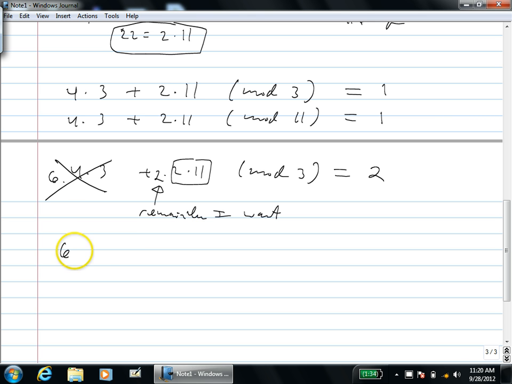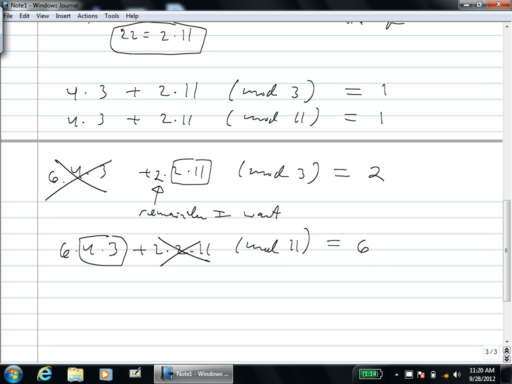But on the other hand, when I divide this thing by 11, this thing's not going to impact the remainder. Remember, 4 times 3 was the special number that when you divide by 11, you get remainder 1. So by putting a 6 in front of there, it's going to be remainder 6.